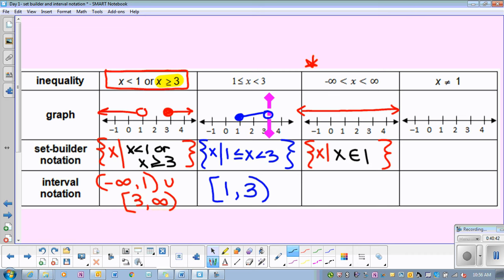That's what we're going to put in. So it's the set of all numbers X such that X is an element of all real numbers. Okay?